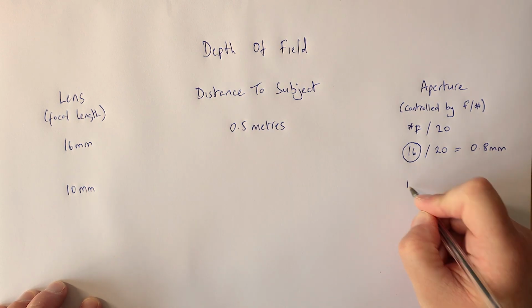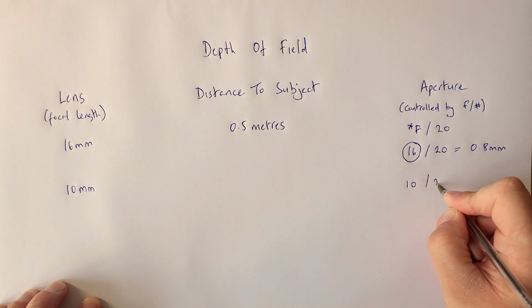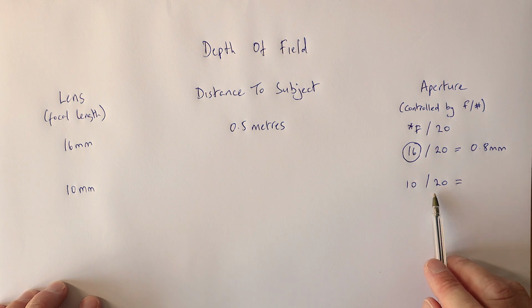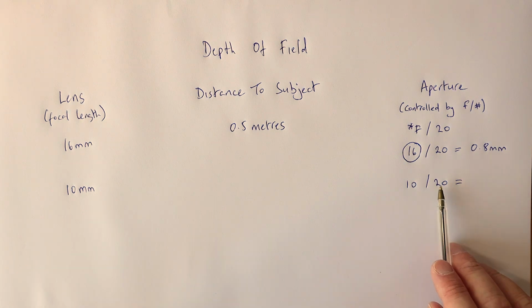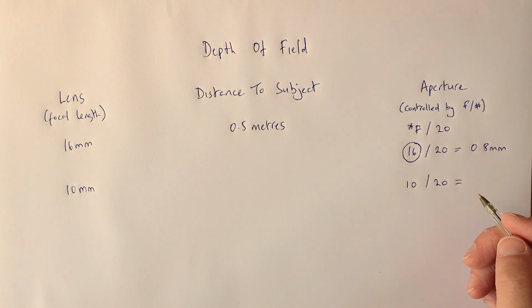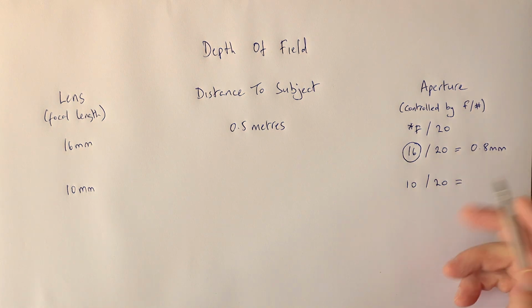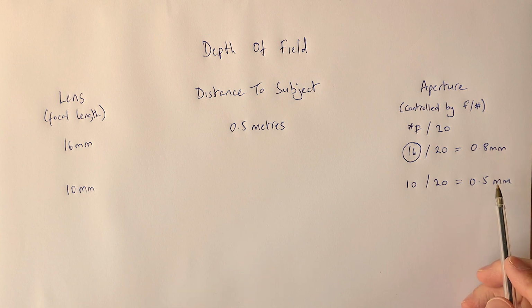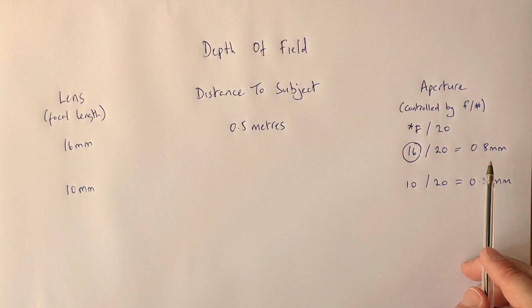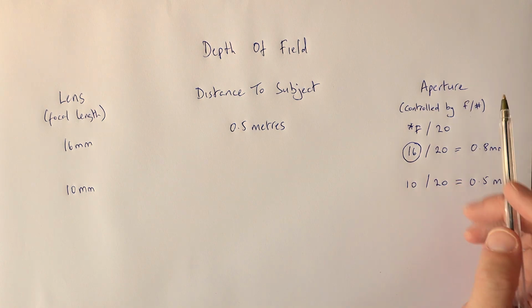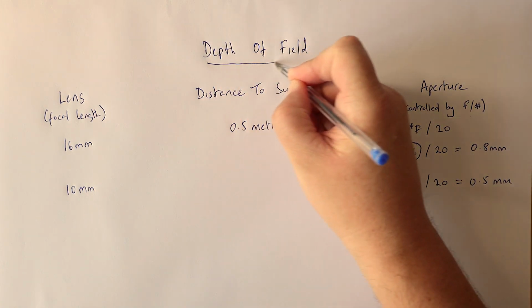So we're now looking at 10 divided by 20. And whilst that will let in exactly the same amount of light, because we're at f20, it doesn't standardize the aperture diameter. And so in this circumstance, with a 10 millimeter lens, divide that by 20 and we're at 0.5 millimeters. And that is a different diameter of opening. It's a different aperture. And it is aperture, the diameter of the opening, that impacts the depth of field.